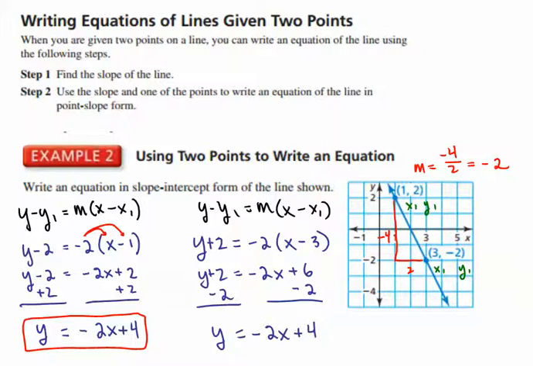And you can see that regardless of which point I used in the point-slope form, when I simplify down to the slope-intercept form, I have the same exact equation. So it doesn't matter when you're given 2 points which point you use. When you simplify it down, you will get the same. Alright, so let's look at a couple more examples of these.